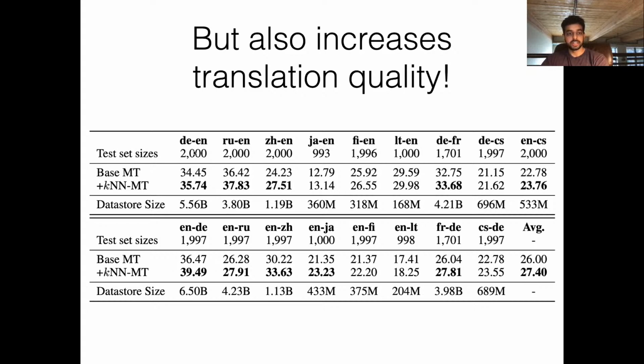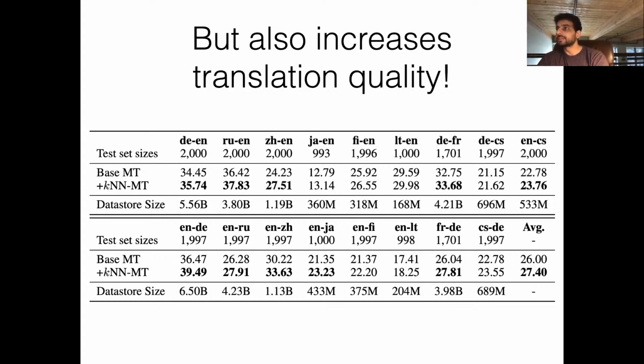So they try this over many different language pairs. You see here the base machine translation system and what happens when you add the k nearest neighbors representation and retrieval to this. You get BLEU score improvements of 1 to 3. And in all cases, I think it's better than the baseline. So you can see also the data store size.